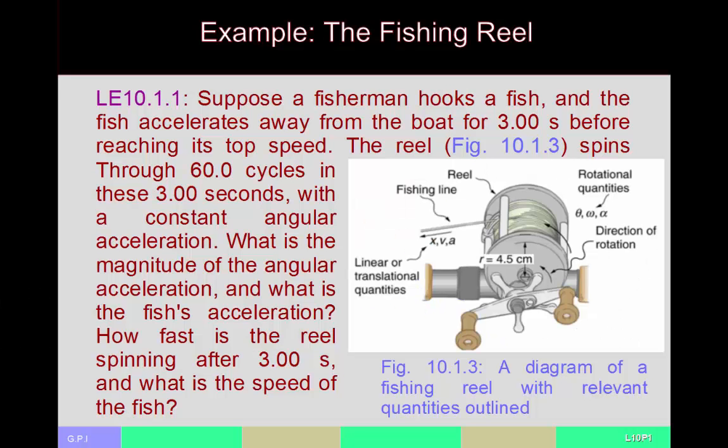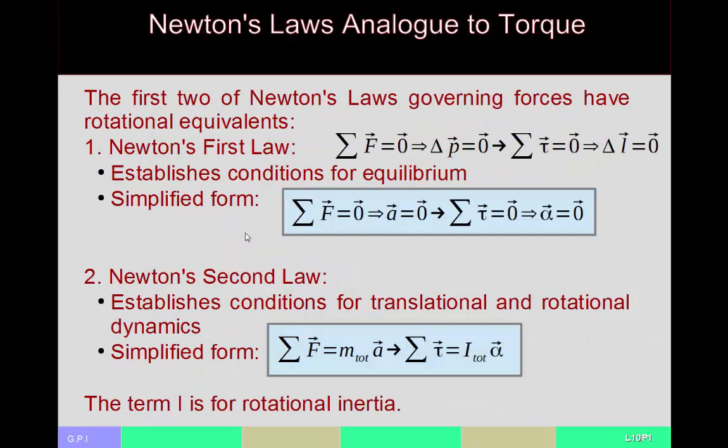So now we have to ask the question, what causes this angular acceleration? We know that a translational acceleration tends to be caused by a force acting upon the object. So what's going to cause the rotational acceleration? Well, Newton's laws find some sort of analog in torque, at least the first two laws do.